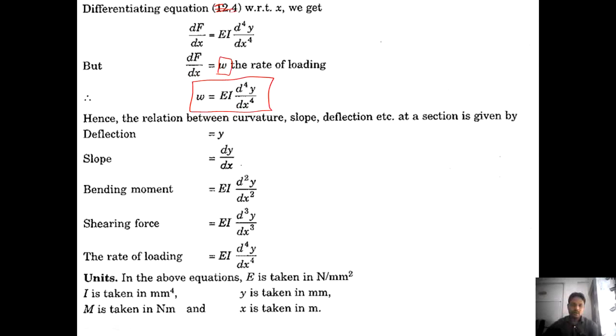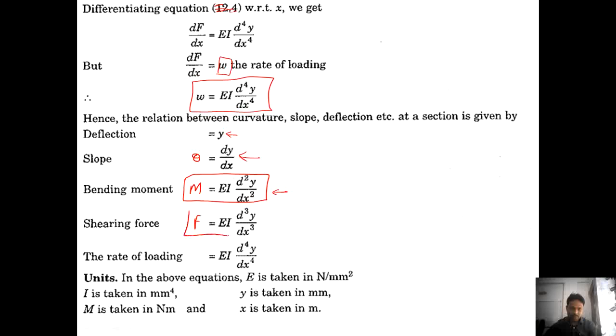So we have seen different equations for different parameters. First we considered y, the deflection. Then the slope is theta equals dy by dx. Then we calculated the bending moment, M equals EI d2y by dx square. Differentiating the bending moment equation with respect to x, we got shear force, dM by dx equals F, which is EI d cube y by dx cube.